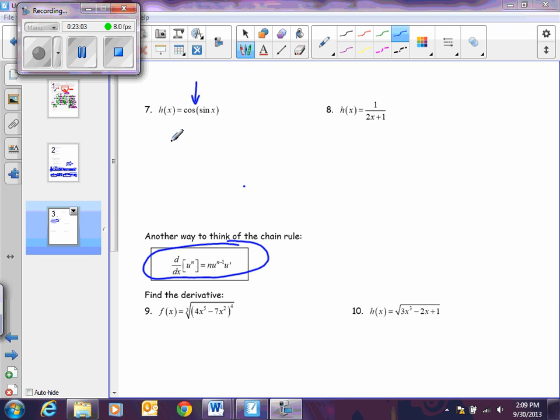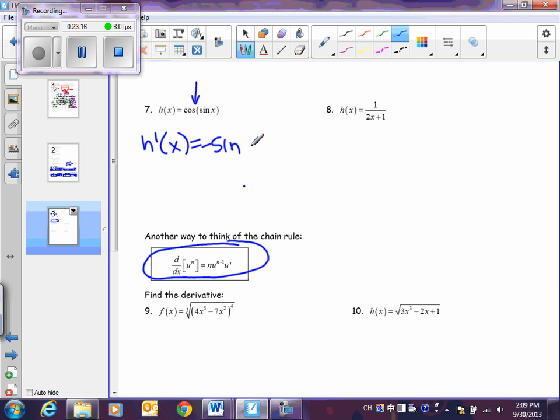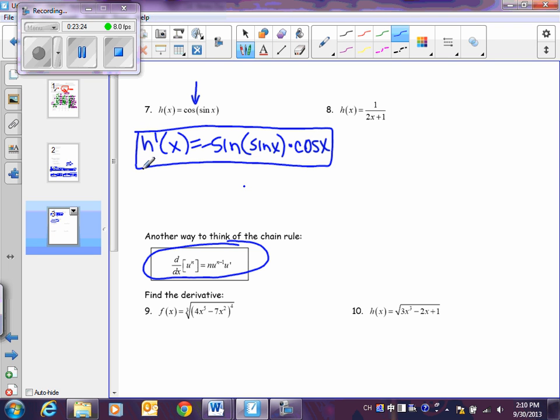Okay, it looks like you are on the bottom part. Let's go ahead and go over 7 and 8, and then I'll let everybody work at their own pace for the rest of it. So what did you get for number 7? Negative sine of sine x times cosine x. Good. And then number 8, we could have used quotient rule, but we really would need to practice this new chain rule.